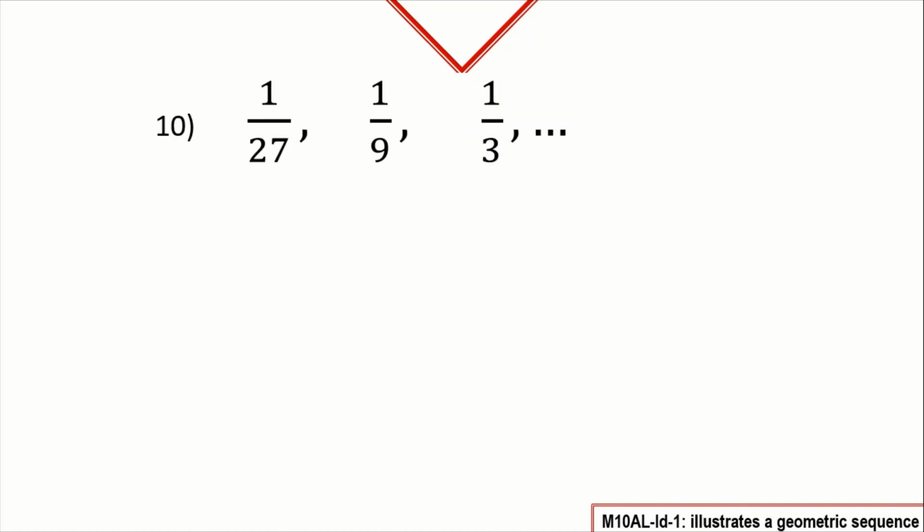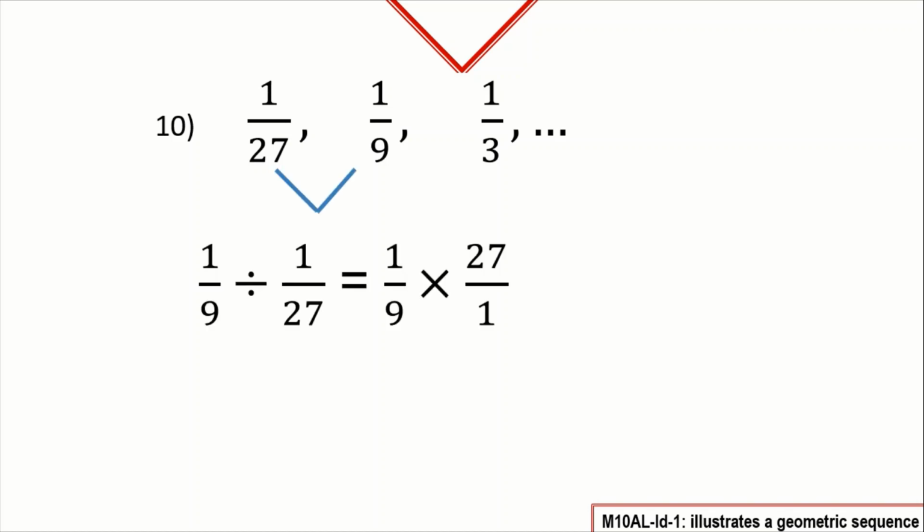Let's have example number 10. 1 over 27, 1/9, and 1/3. Kunin natin again ang ratio ng second term and first term. So, we have 1 over 9 divided by 1 over 27. Katulad nung nangyari kanina, no? Copy ang first fraction, kunin ang reciprocal ng second fraction, so magiging 27 over 1, then proceed to multiplication.